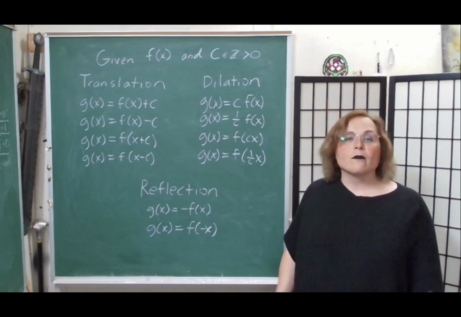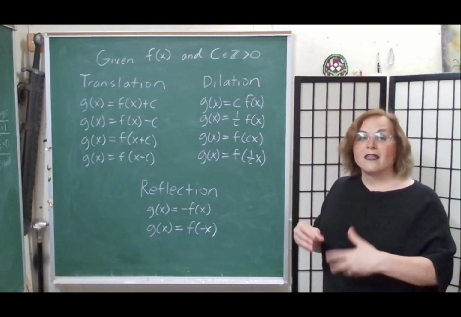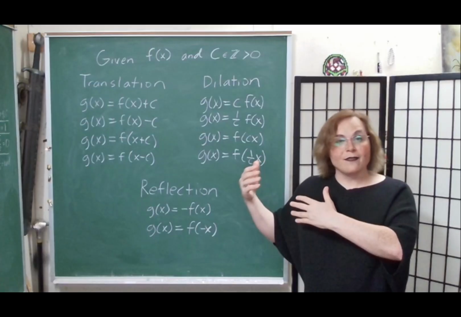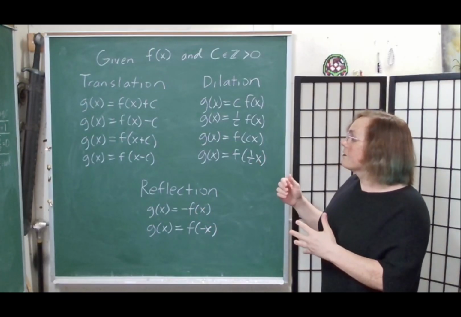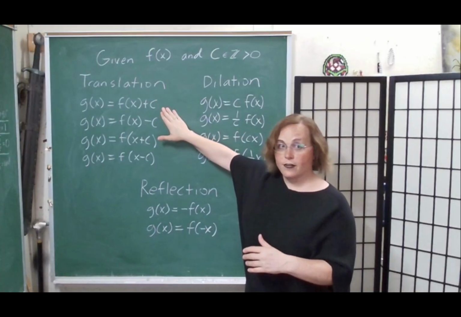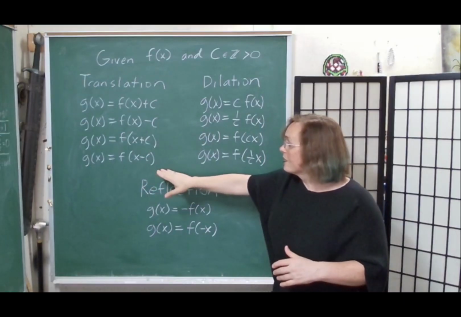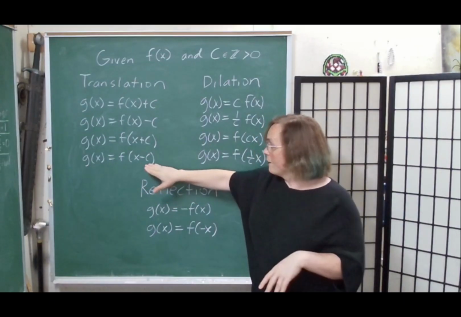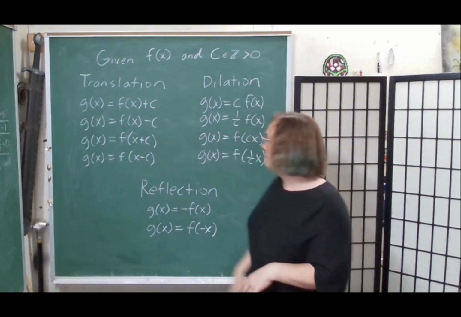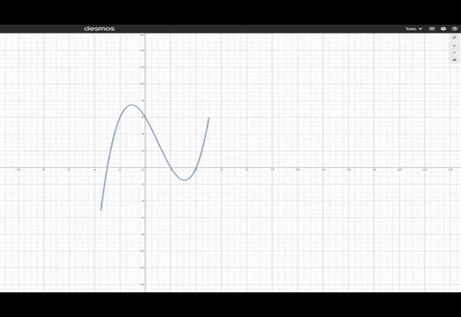And when you think about the definition we're using for a function, that it's a rule that assigns from the range an element to each element in the domain, then that should make sense, because when we do something outside the function, we're affecting the elements in the range. And when we do something inside the function, we're affecting the elements in the domain. Okay? So let's go ahead and take a look at these in Desmos.